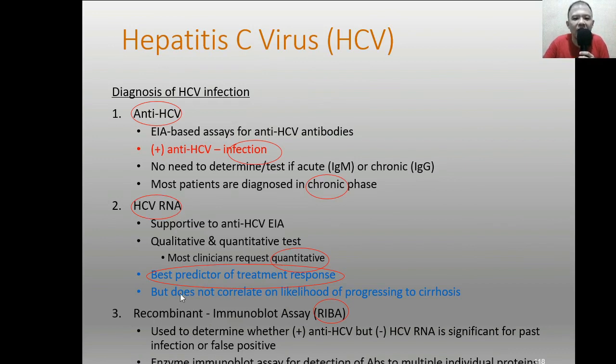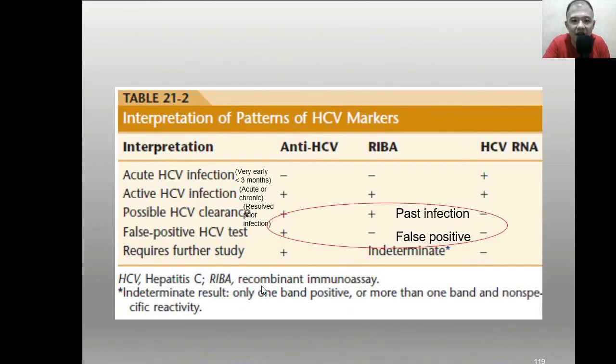The RIBA, recombinant immunoblot assay, is a confirmatory test for the presence of the antibodies. So I'll show you. Here, if you have a positive HCV RNA, that means that the patient is infected, however, without the antibodies yet. Of course, no antibodies, so the RIBA is negative.